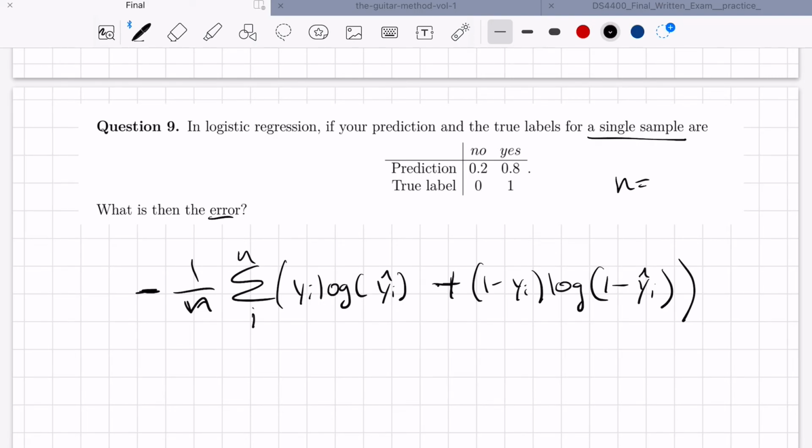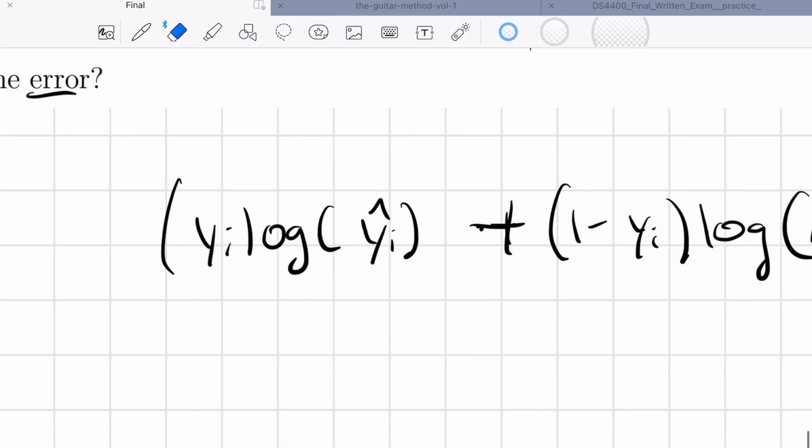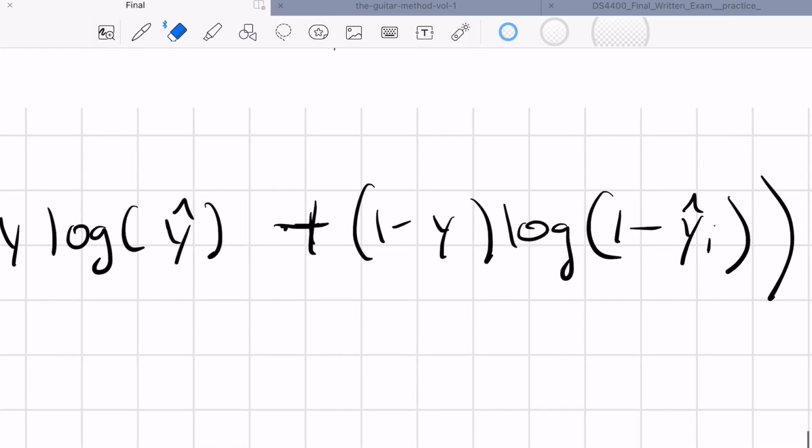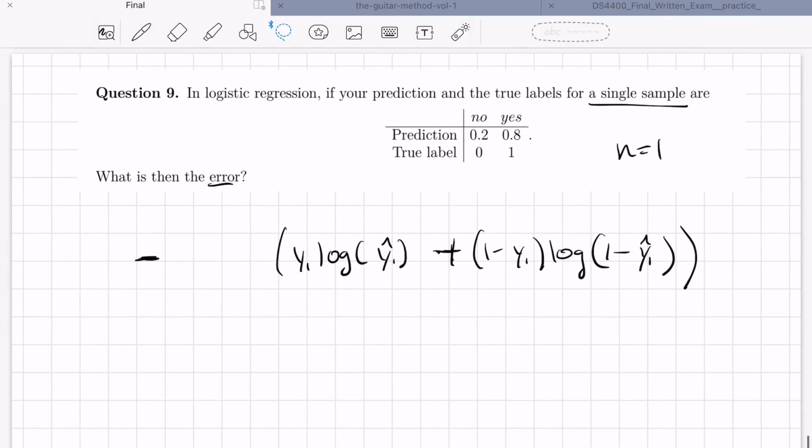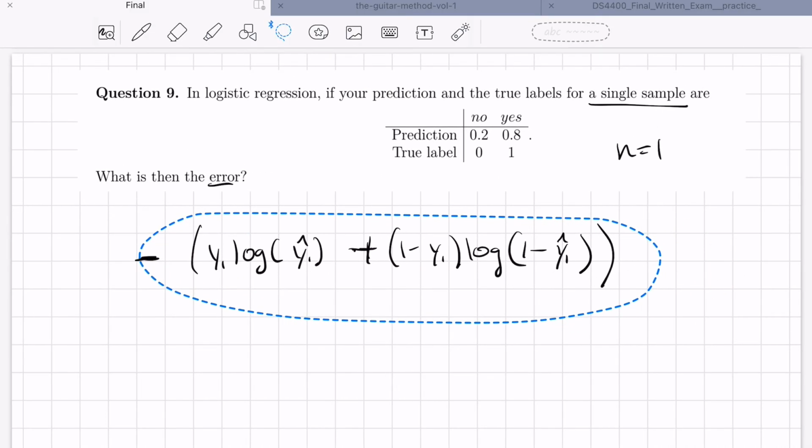So right off the bat, n is equal to 1, which means we can get rid of this whole mean term. You can also get rid of all these i's, so I'm going to do that real quick. These i's all become 1 because we just have one sample. And then I'm going to move this equation right here.